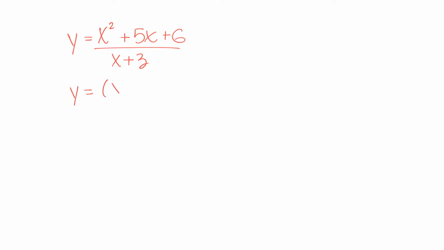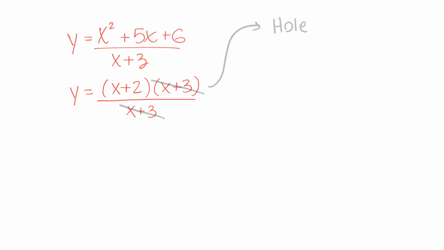And when I do that, I'm going to get x plus 2 times x plus 3. And what do I have in the bottom? x plus 3. So I can see that this is going to cancel. Now, whatever I use to cancel is going to be very important for figuring out a hole.